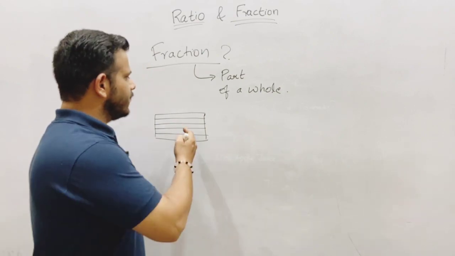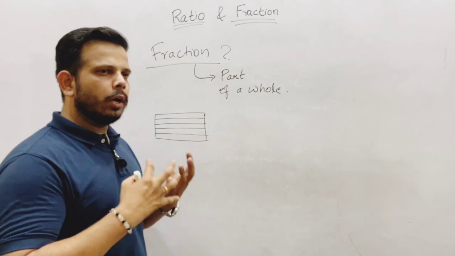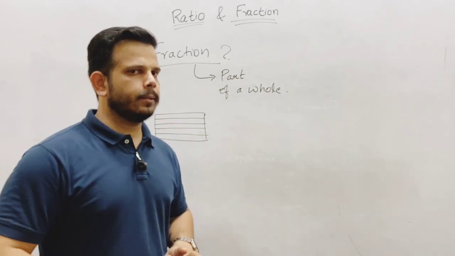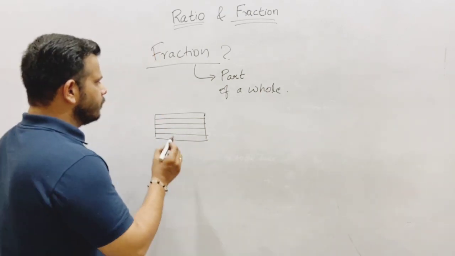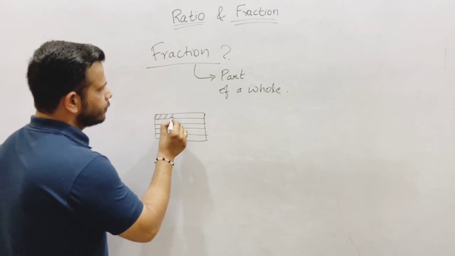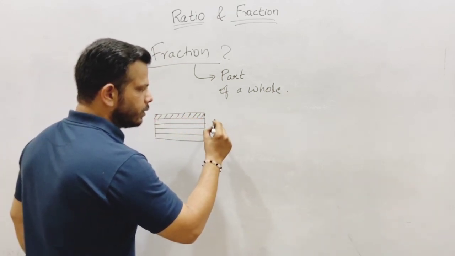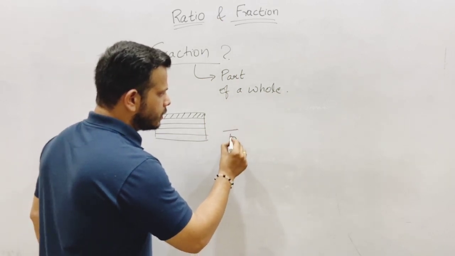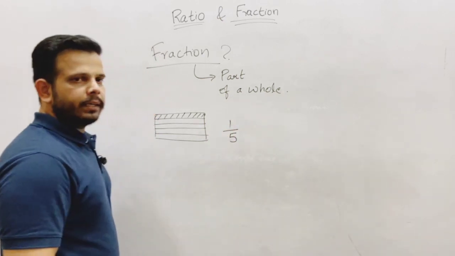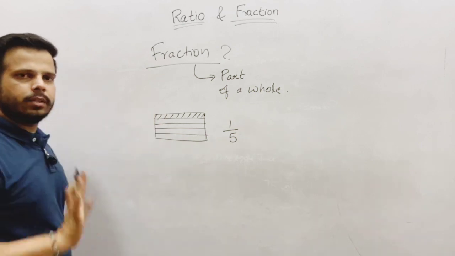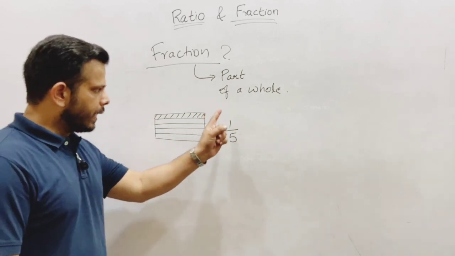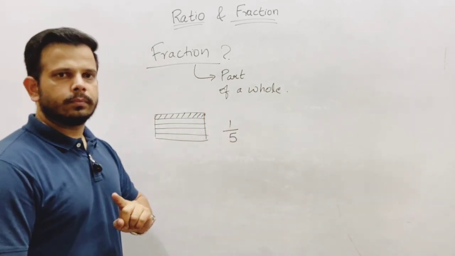Since I love it a lot, I can't give you 50%. I want to give you only one part. There are a total of 5 parts. I gave you one part. This is a fraction. Simple. This is a part of a whole.